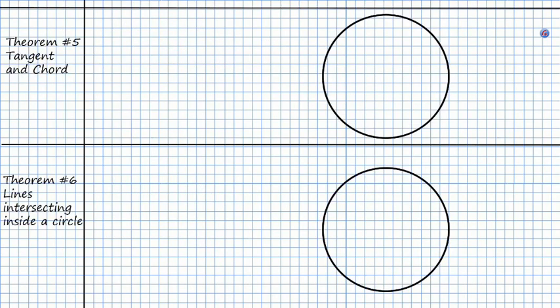All right, so now looking at our theorems cutout, we have theorem number 5, the tangent and chord. So remember, now we're starting to work with different special lengths. So we have a chord, and we have some line which is tangent to that chord.